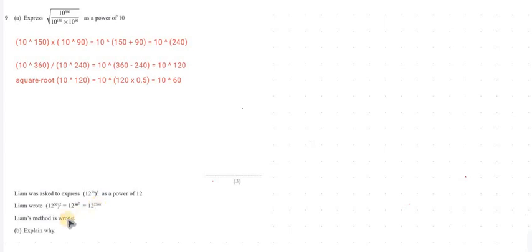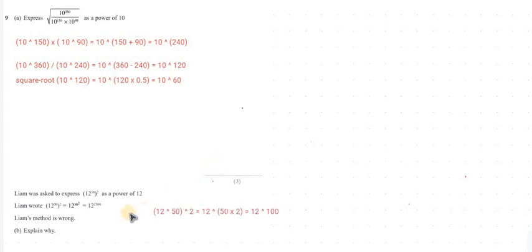Liam's method is wrong. Explain why. Well, the easiest way to explain why is to show how to do it the right way. And that way it's explained. Okay, this is a math paper, not a literature paper. So show it with math the right way to do it, and you explain why he's wrong.